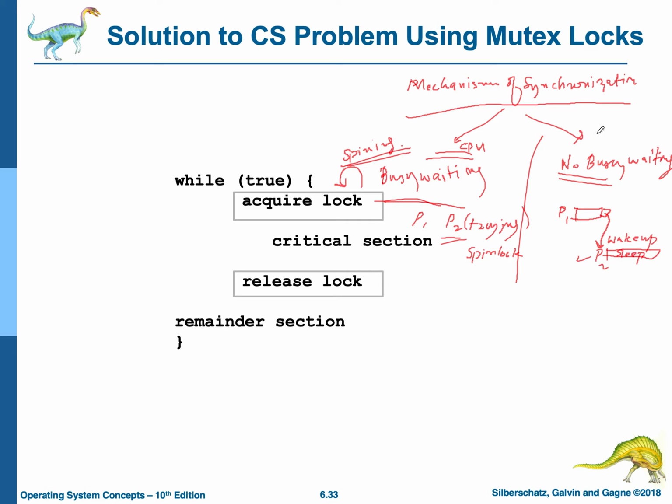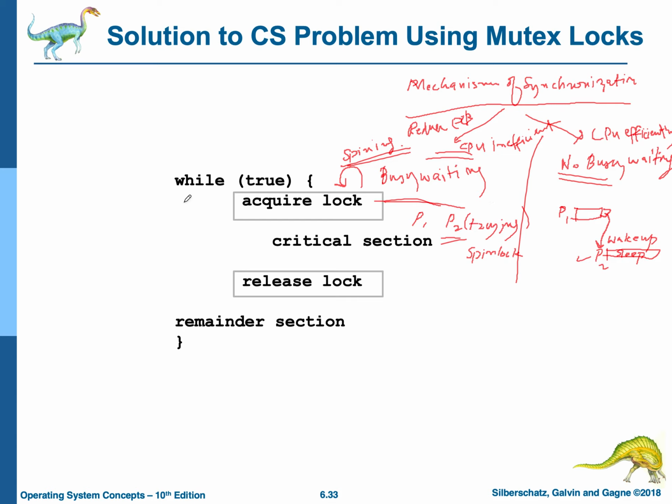So this is no busy waiting, and this is more CPU efficient. You use the CPU very efficiently here, and here the CPU usage is inefficient. But as this approach reduces the overhead of the PCB, this is also useful in several situations.